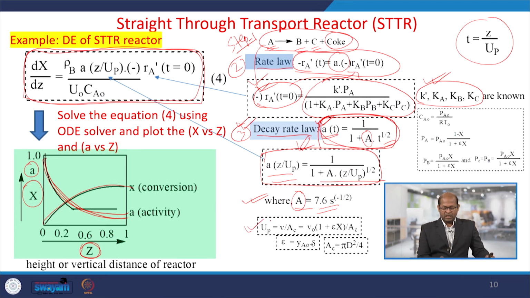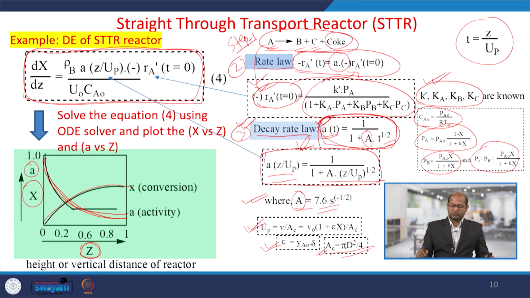Then u p we can write, if there is a volume change, the cross-sectional area, concentration of component A, partial pressures of components A, B, C, these are known. Then we put it in the rate equations, the P V part in terms of conversion. So the rate equation is known.